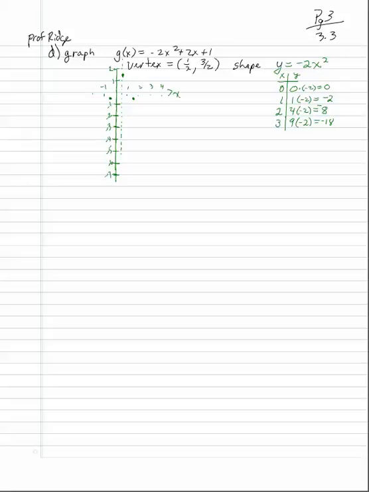So (2, negative 8). 1, 2, 3, 5, 6, 7, 8. Right here. And then my mirror image is 2 across from there. And then now I'm ready to draw my parabola.